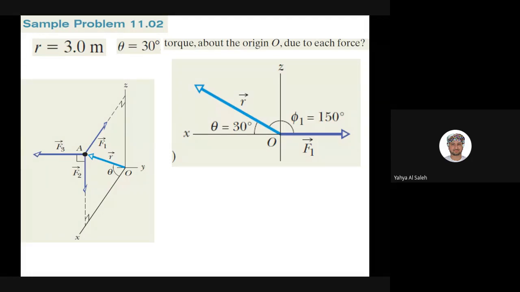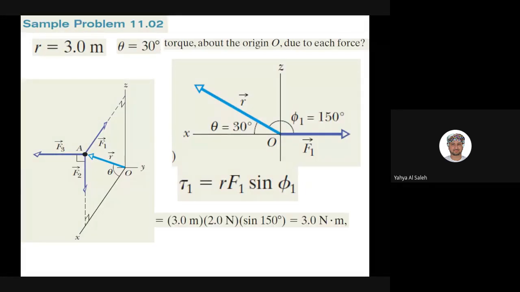So the angle between F1 and r is 150 degrees. What is the torque? Torque is r cross F, otherwise known as rF sine theta. r is 3 meters, F is 2 newtons, theta is 150, so sine 150, and we get 3 newton meters.